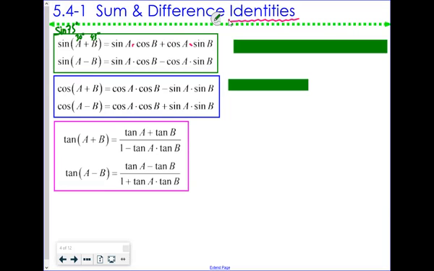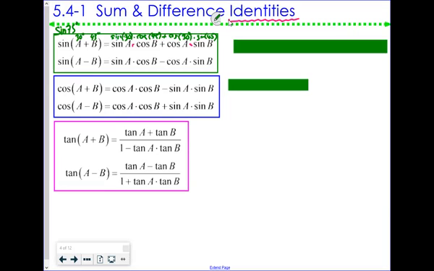Every time I saw an A, I'd put 30, and every time I saw B, I'd put 45. So the sine of 75 degrees would be the sine of 30 times the cosine of 45 plus the cosine of 30 times the sine of 45. And I can work that out because I do know the sine and the cosine of 30 degrees and 45 degrees.